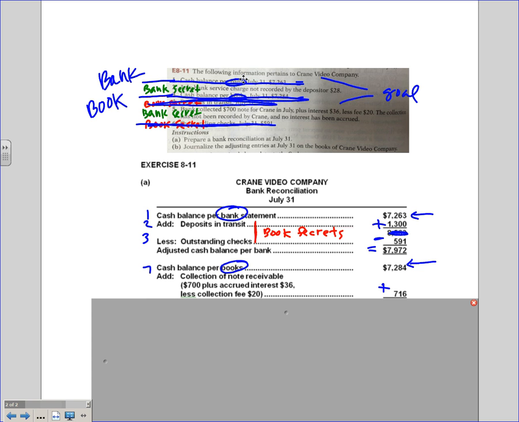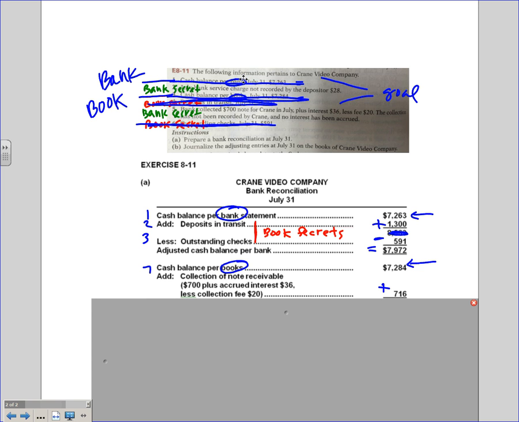We're not dealing with this AR anymore. We turned it into a notes receivable. The bank's handling all of it for a tune of $20. They got the money from this notes receivable, and now they're putting it back into our account and adding some interest. But what are they doing to take a little cut? They're charging a fee.